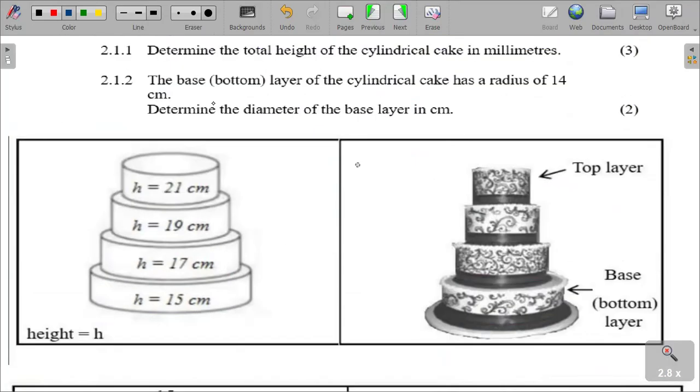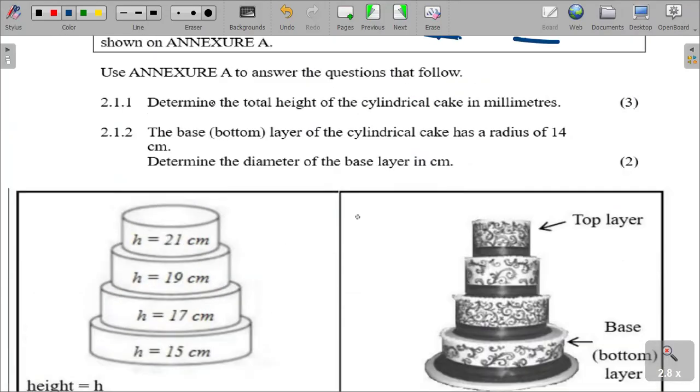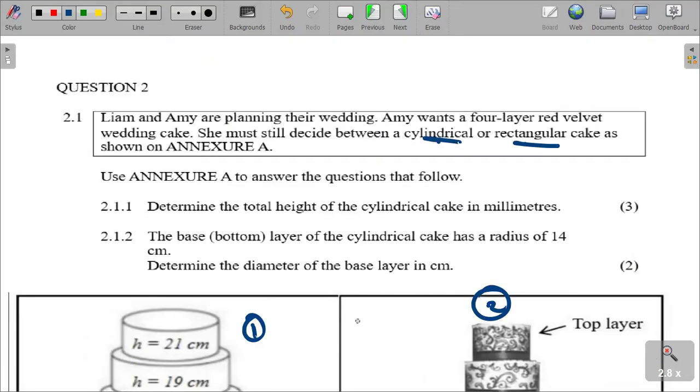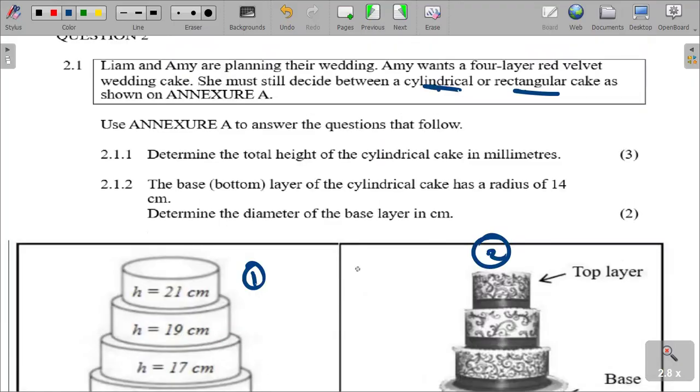The annexure is given here to say we have got cake 1 and cake 2. What we need to understand is to determine the total height of the cylindrical cake in millimeters. So we need the sum of the height of the layers in centimeters.